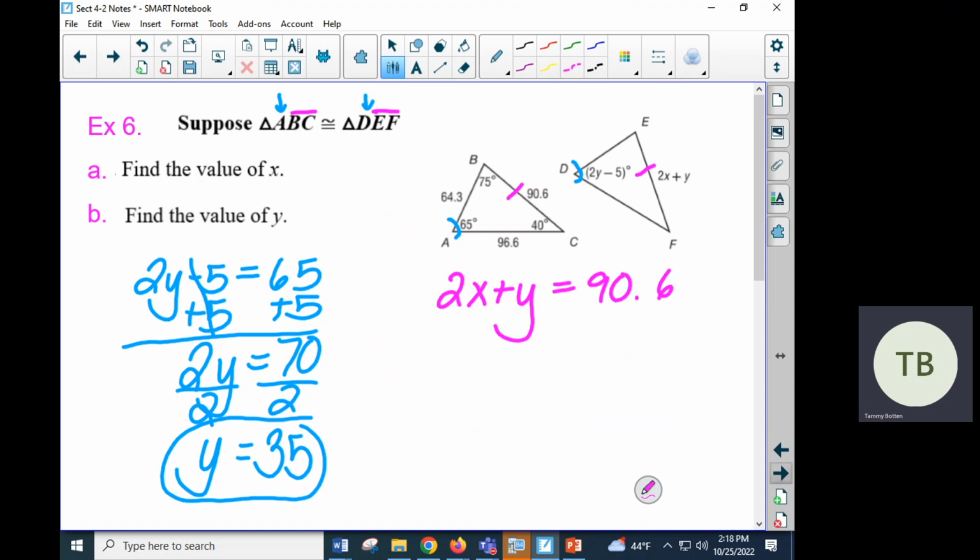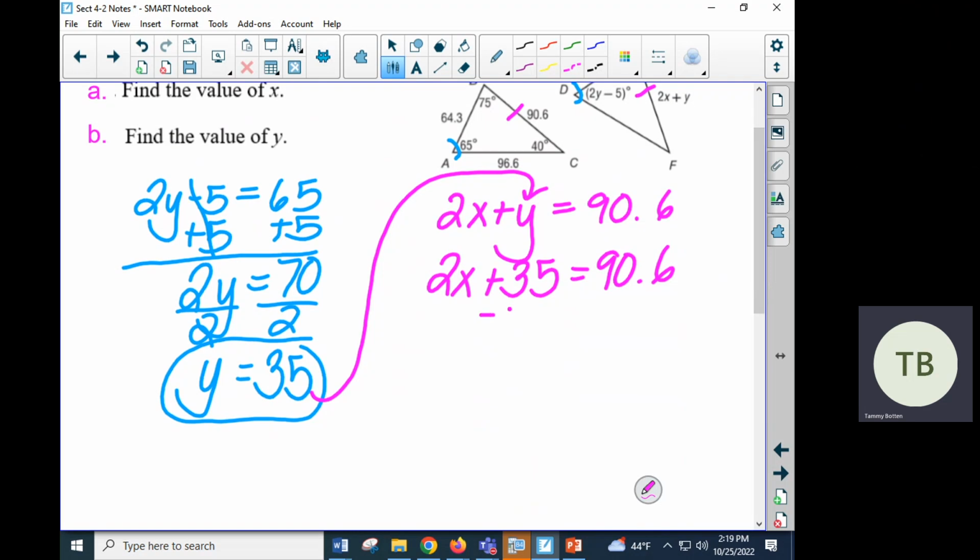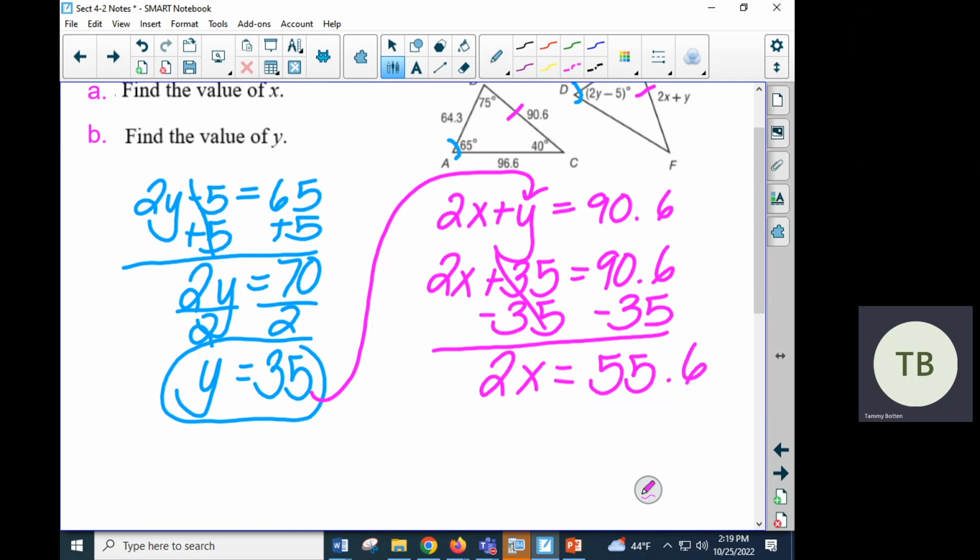Now you can never solve an individual equation with two variables, but we know what our y is. We know that it's 35, so we can substitute that in there. And now we only have one variable, so we can solve it. So I'm going to subtract 35. And I get 2x equals, I believe that's 55.6. And then I'd have to divide by 2. And I believe that that is 27.8.